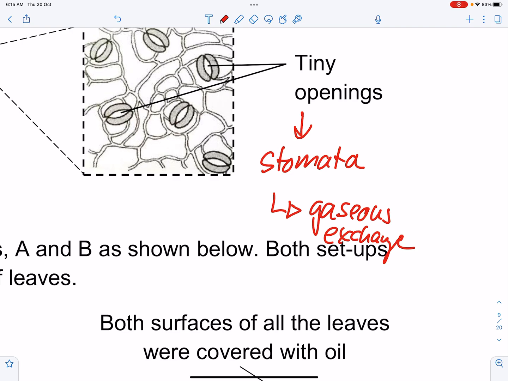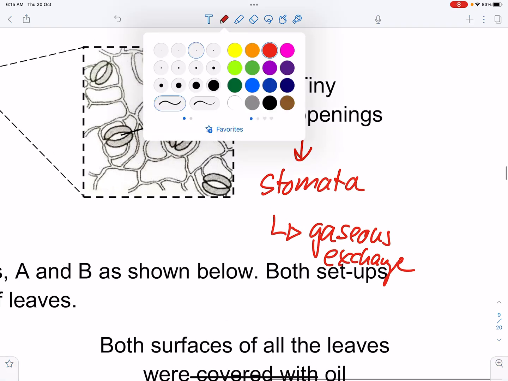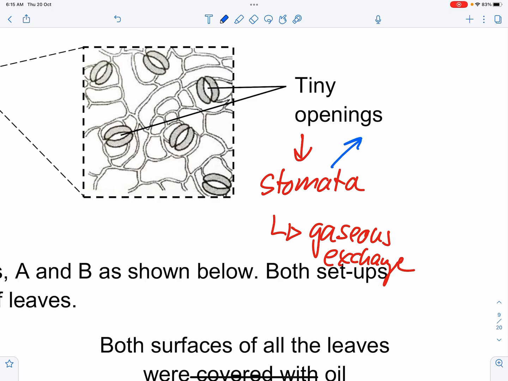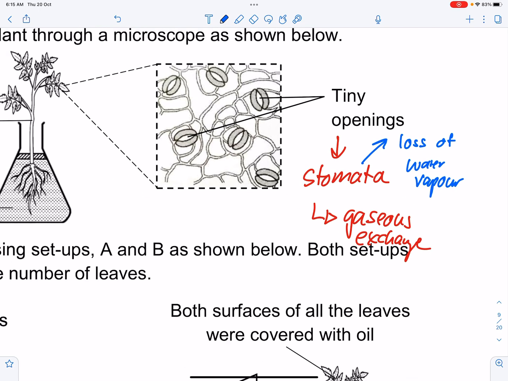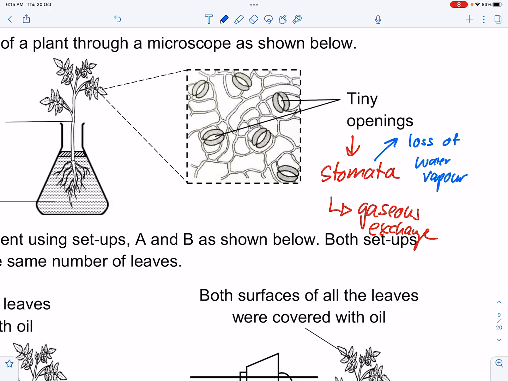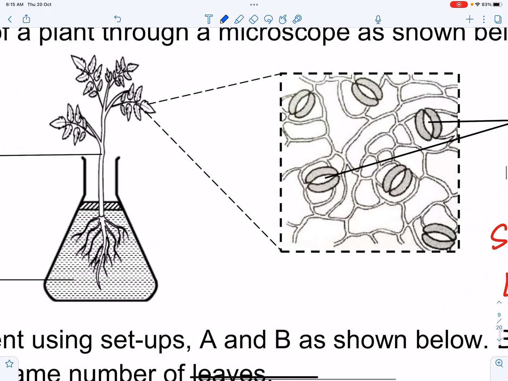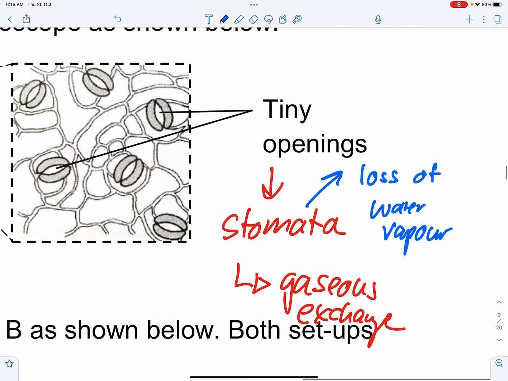Okay, and at night when light is absent, it will give out carbon dioxide. Now there is a second function to it, just for revision's sake. It is actually the loss of water vapor. The loss of water vapor helps to cool the plant down. It also helps with a process known as transpiration, whereby water is being drawn out from the roots all the way up. So when water loss doesn't happen, you don't get this drawing up effect.